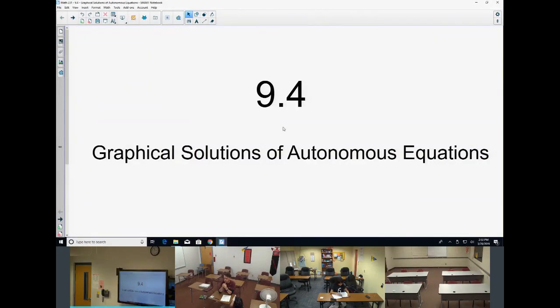Okay. So let's go ahead and get started here. Okay, so 9.4, I'm relatively certain we're not going to have any trouble finishing this section today.